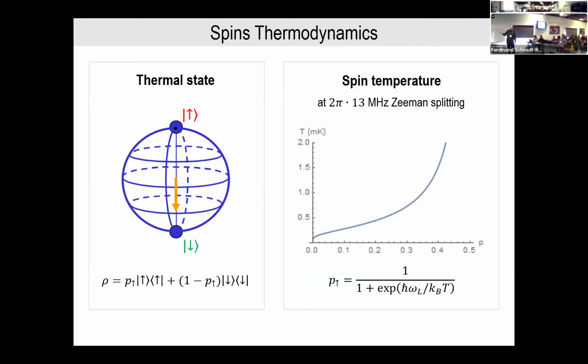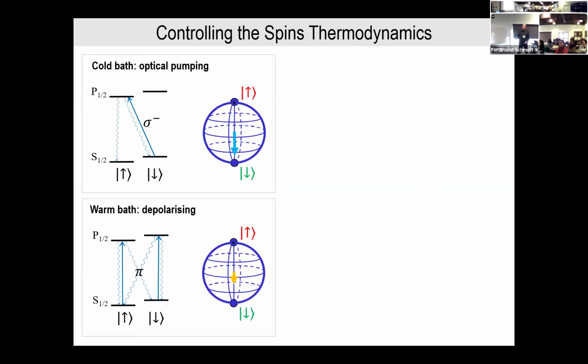And that is our Zeeman splitting; basically, this is the temperature versus probability. So as I said, if everything is super cold, we have this arrow pointing here. And optical pumping brings us to this state.